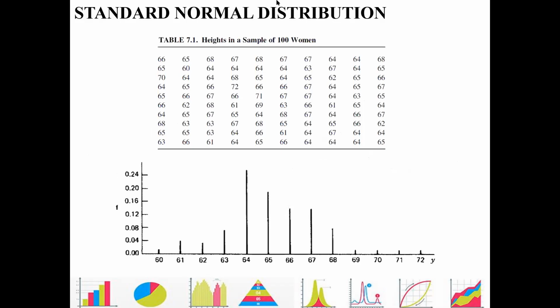Okay, for example, this one, meron siyang sample na heights in a sample of 100 women. So mapapansin niyo dyan, halos ang data niya ranges from 60 to 70. So dito pa lang, as you can see in this data, it is already a bell curve. Why?